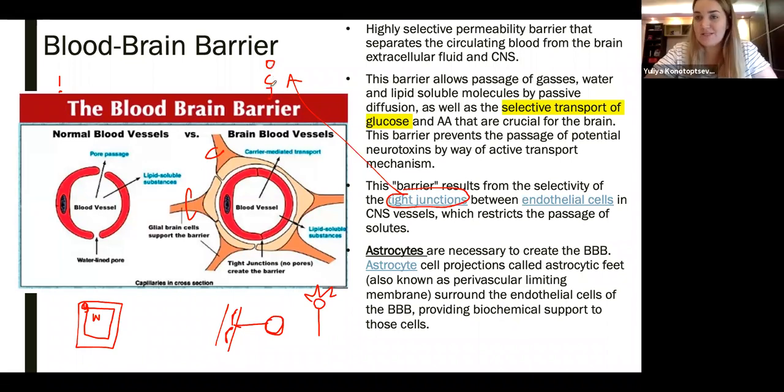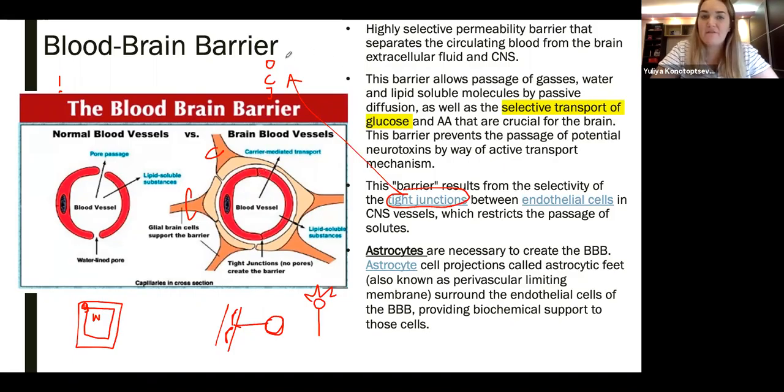JAM is a junctional adhesion molecule, and it is not present everywhere. It's only present between endothelial cells specifically. So for example, in a tight junction between two epithelial cells, you will find occludin and claudin. But a tight junction between two endothelial cells will possess occludin, claudin, and JAM.